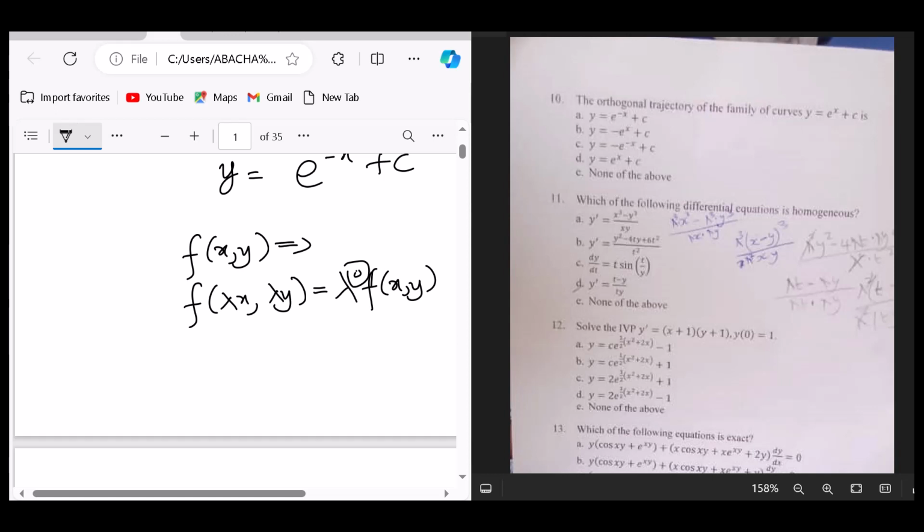With these ones we have y prime equal to x cubed minus y cubed all over xy.